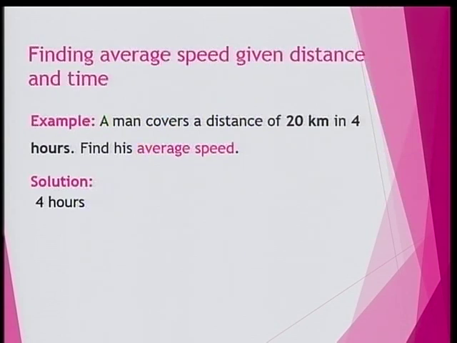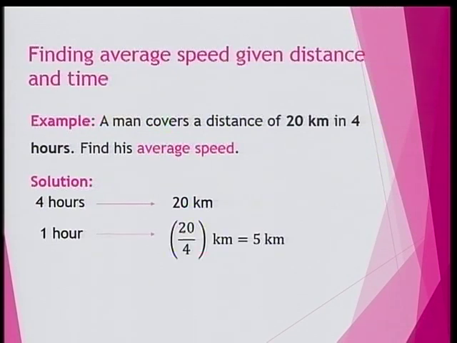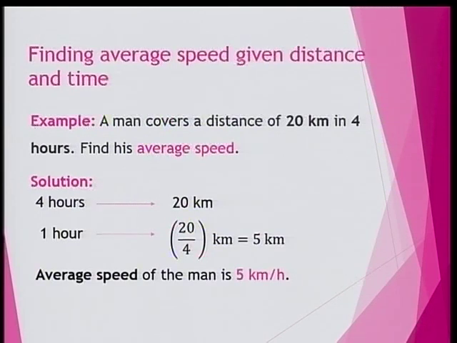In 4 hours, the man covers a distance of 20 kilometers. So in 1 hour, the man will cover a distance of 20 over 4 kilometers. That is 20 divided by 4, 5 kilometers. So we say that his average speed is 5 kilometers per hour.